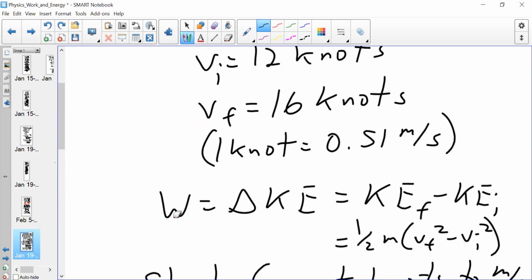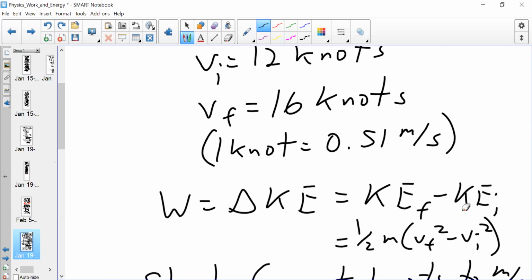And we're trying to figure out how much work it takes to change that speed. Remember, work is a change in kinetic energy as well as a change of position under the influence of a net force. So those are all equal. So we're going to use the work-energy part. Work is equal to delta KE, where delta means a final point minus an initial point.